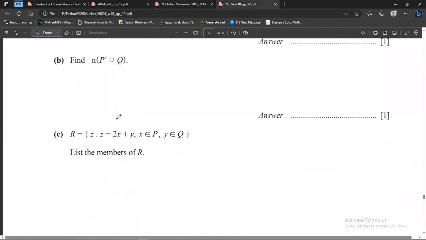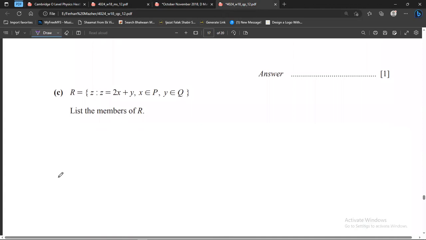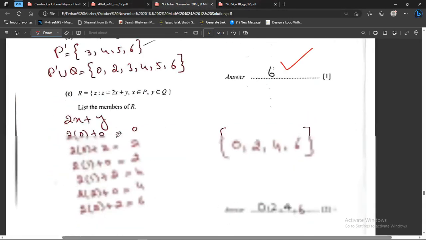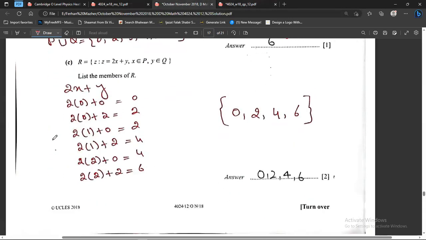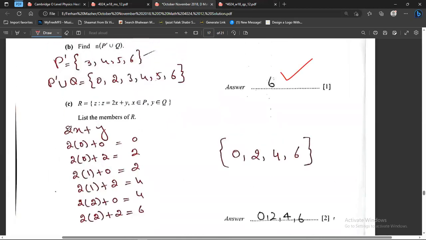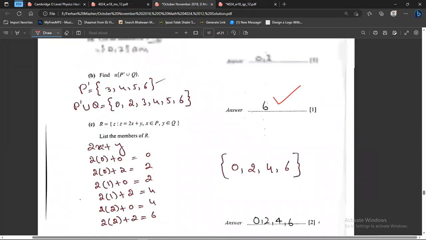Okay, then we have R, where R is Z and Z equals 2x plus y, where x belongs to P and y belongs to Q. List the members of R. So the formula for Z is 2x plus y, and the x value is coming from P, and the y value is coming from Q. Let me reduce the size so you can see.